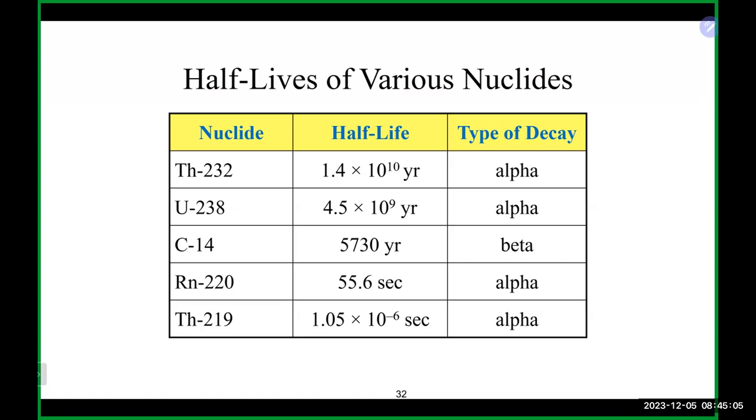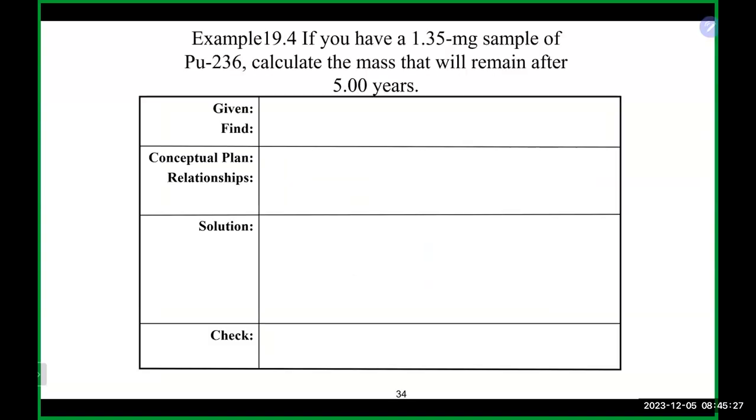So clearly, nobody's around for any of these half-lives. I imagine that's a lot of years before half of it goes away. But you can also see some things have a super fast half-life, which means it'll be gone very quickly and not so radioactive. And obviously, there are different types of emitters and decay processes.